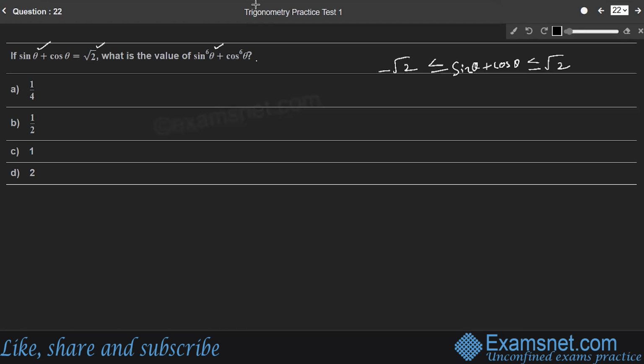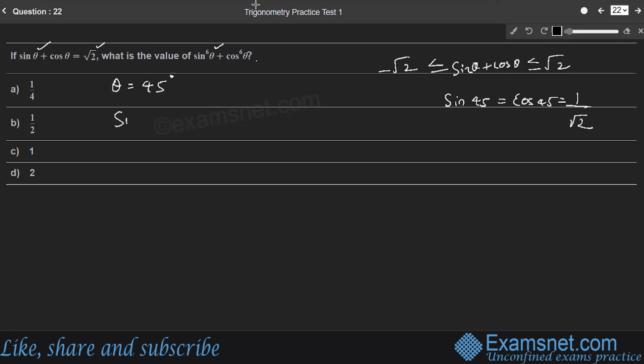So here sin theta plus cos theta is equal to root 2, and we all know that sin 45 degree is equal to cos 45 degree is equal to 1 by root 2. So 1 by root 2 plus 1 by root 2 will give you root 2, right? So possible value of theta is 45 degree.